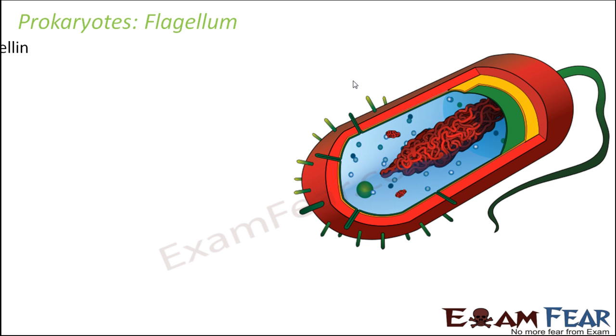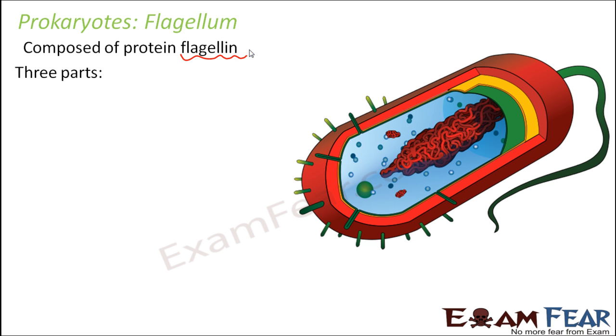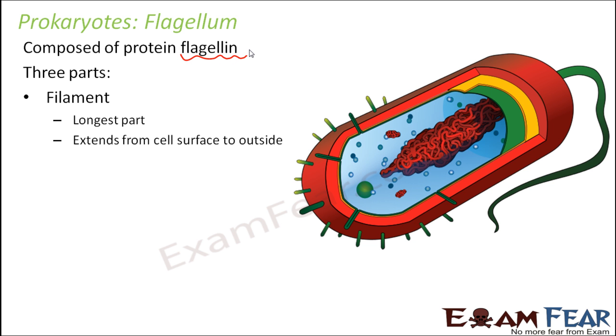So here the structure is a little different. So here the flagellum is composed of the protein flagellin, and it has three main parts. Filament, which is the longest part. So this entire part is the filament, and it extends from the cell surface to the outside.